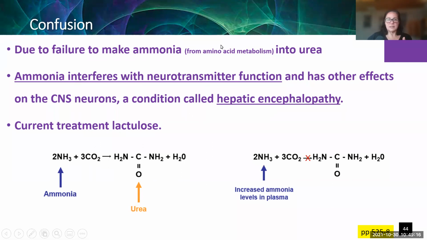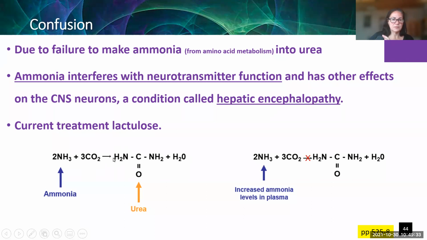Oh, I should have been walking you through this here. So the amino acid metabolism. We break off that amino group. What's supposed to happen is a couple of ammonias and some carbon dioxide get put together into urea.